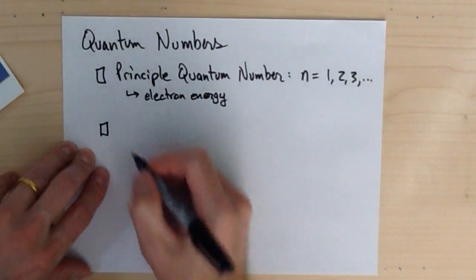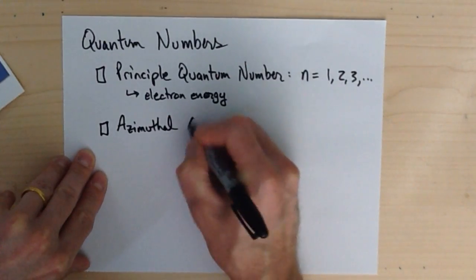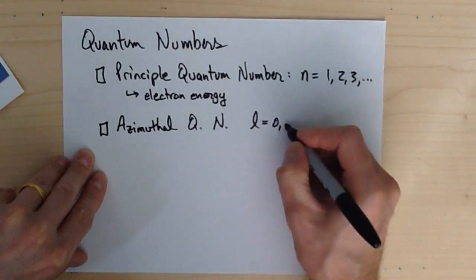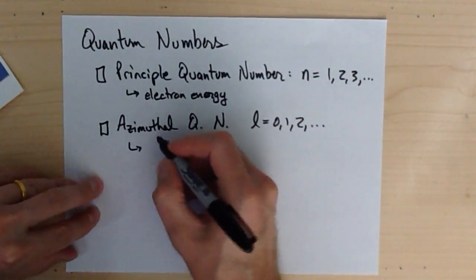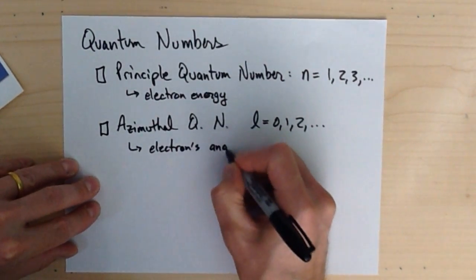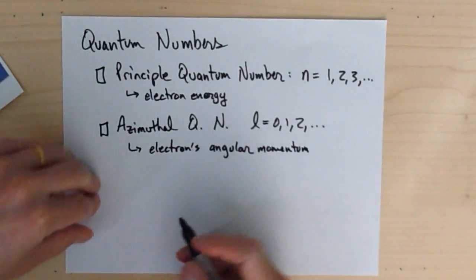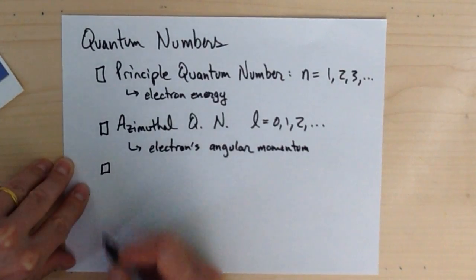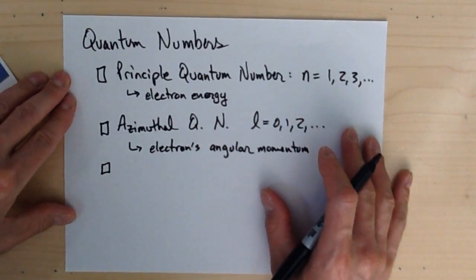All right, but you should know that also there are additional quantum numbers. There's an azimuthal quantum number, and this is usually L, and this goes from 0, 1, 2, and so on. It doesn't start at 1, it starts at 0. And this determines or describes the electron's angular momentum, which we're not going to talk too much about in this course, but certainly it's a very important property of electrons, especially in electronic devices.